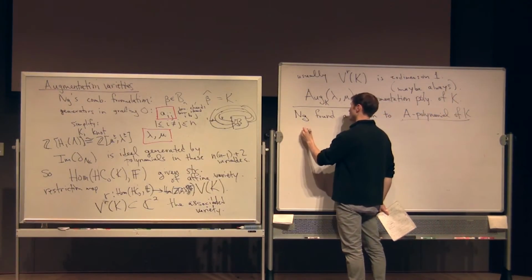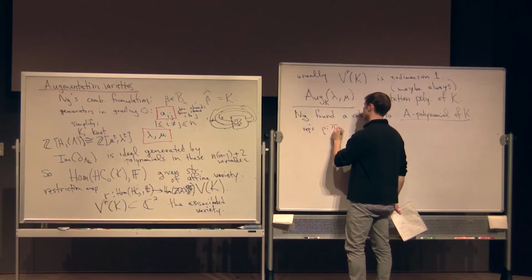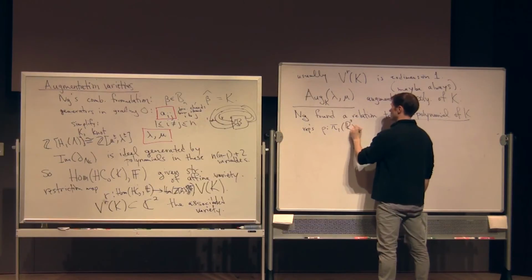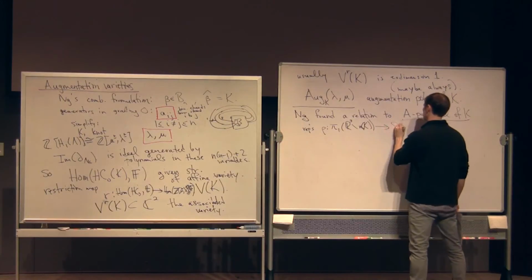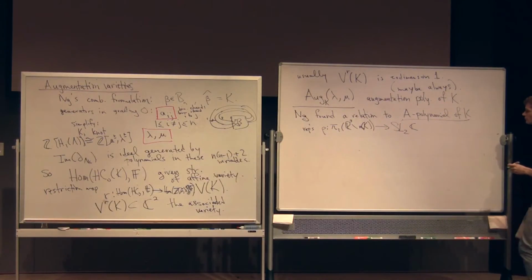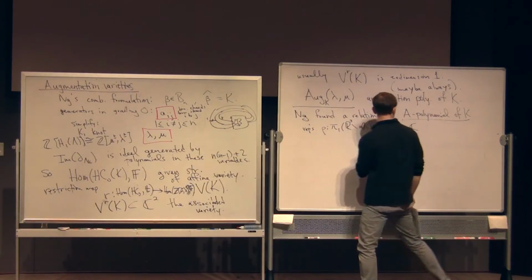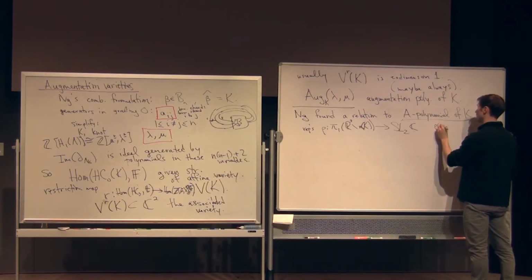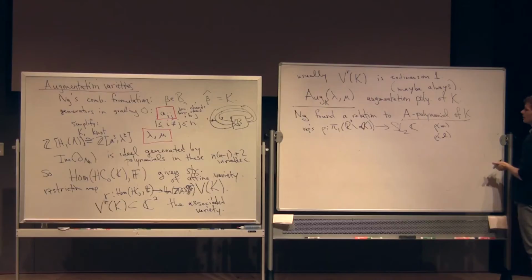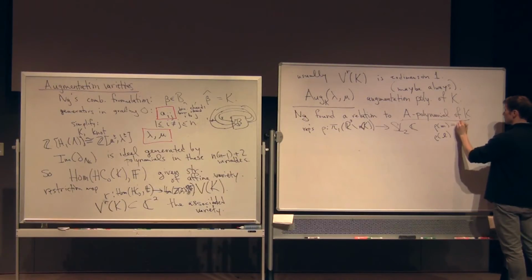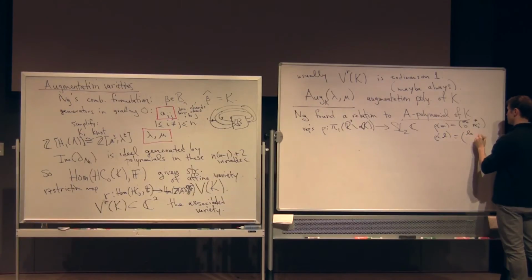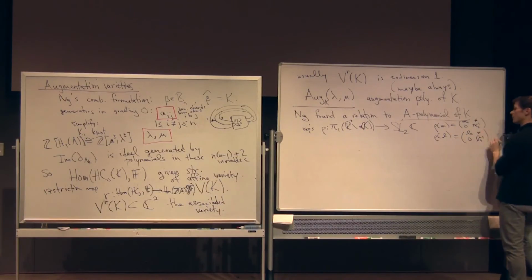I want to think about representations of my knot complement to SL2C. And I can always pick a basis here so that my Seifert longitude and meridian of my knot are simultaneously upper triangular. Right, because they commute.